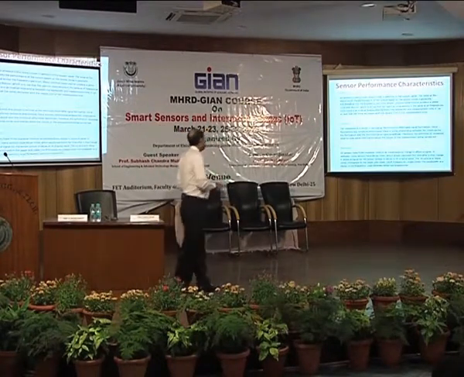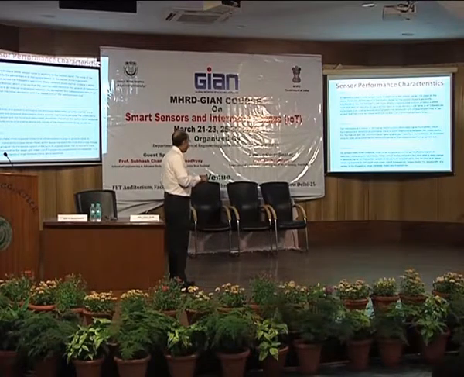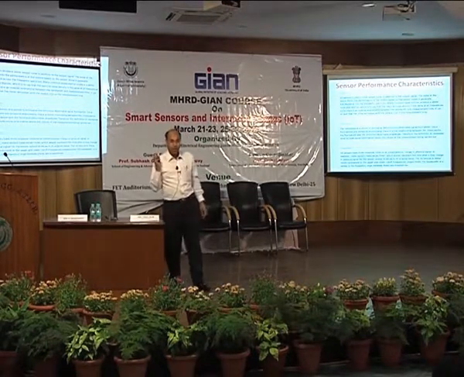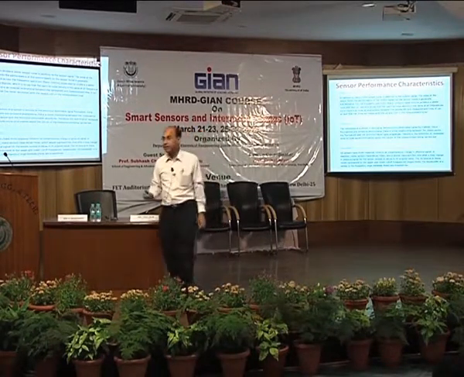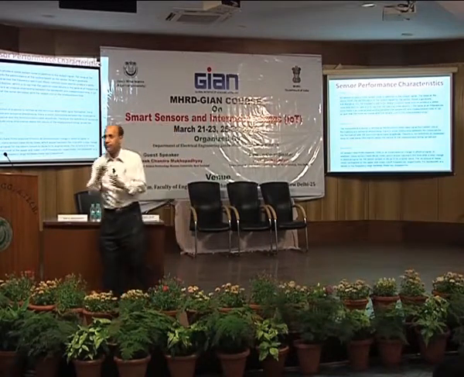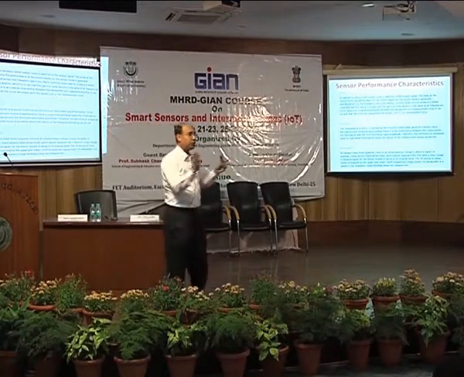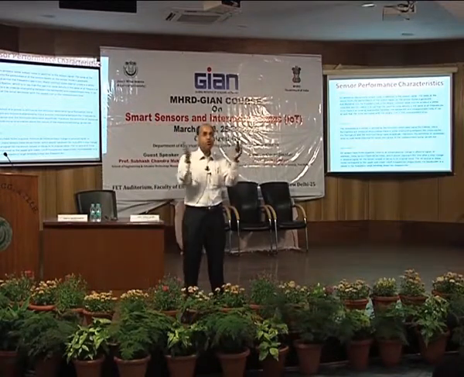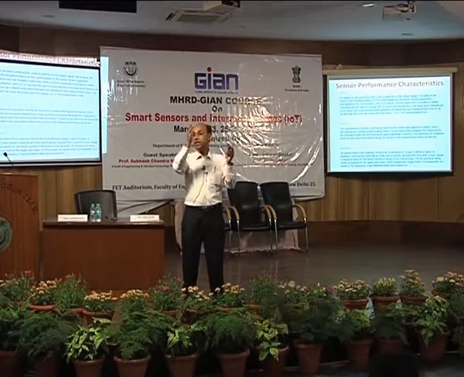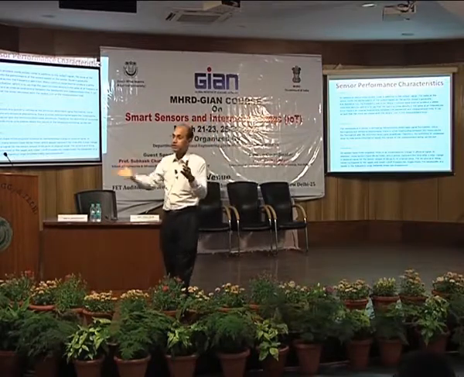All these things you can do, and then bandwidth. When you apply a sinusoidal signal, you can vary the frequency and see the response. At some frequency your response will be constant, and then you see the response start decreasing.